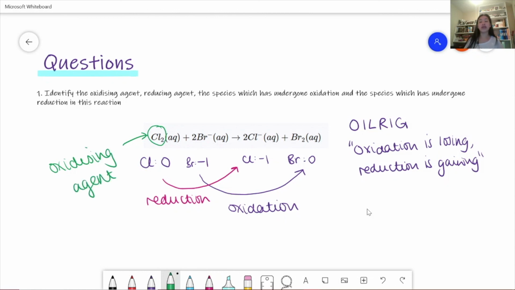So the chlorine molecule is the oxidizing agent. And that means that the reducing agent is this Br-, because it is giving away the electrons to the chlorine. And then the species which has undergone oxidation is the bromide ion, and the species which has undergone reduction is the chlorine molecule.